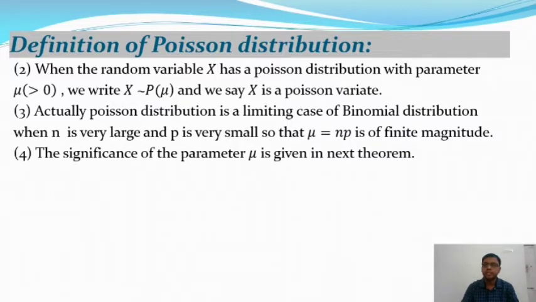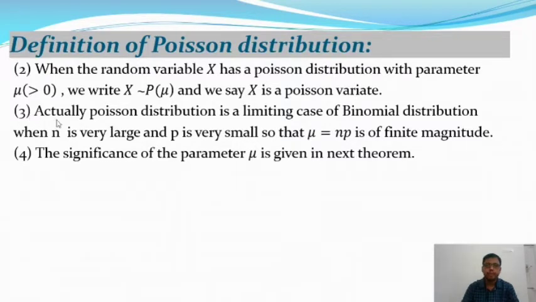I have already mentioned in the previous class that the binomial variate X is equivalent to B of n comma p. So in that case mu is the only parameter, so in a Poisson distribution it can be written as X equivalent to P of mu.